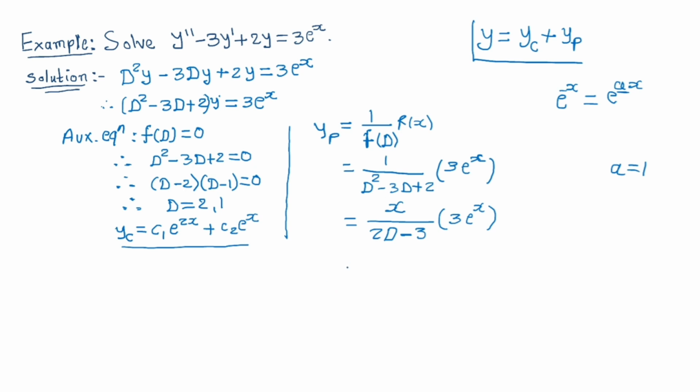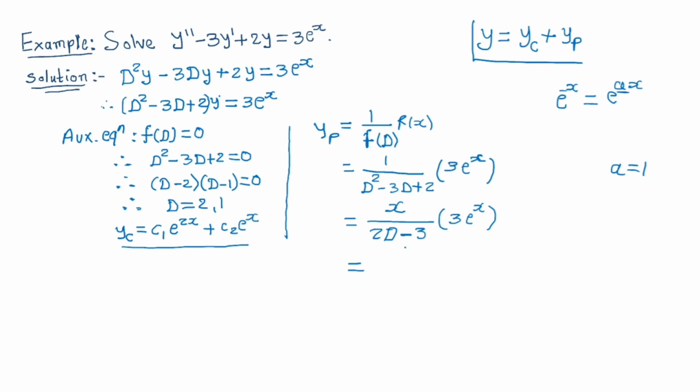After the modification, we follow the same process. Once again we try to replace d with 1, since a is 1, under the condition that the denominator is non-zero. If I replace d with 1 here, it gives 2 times 1 minus 3, which is a non-zero number, so I can do that.